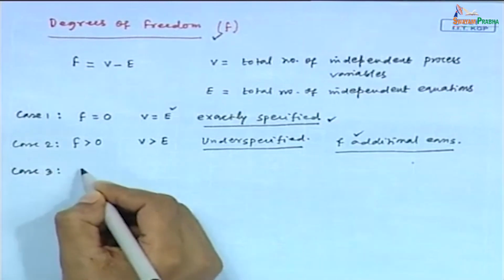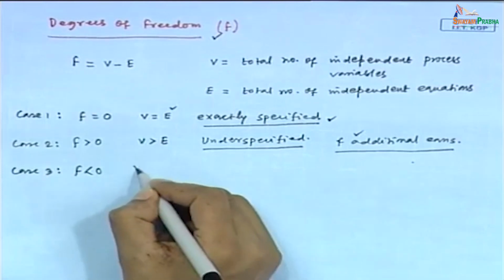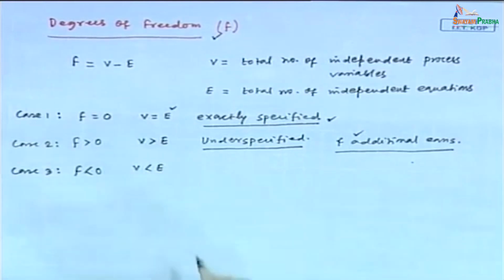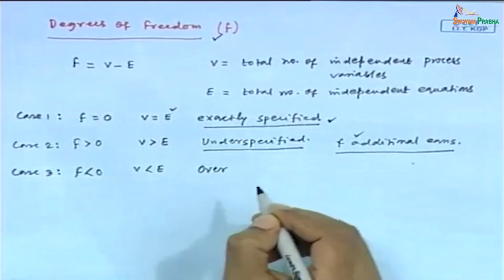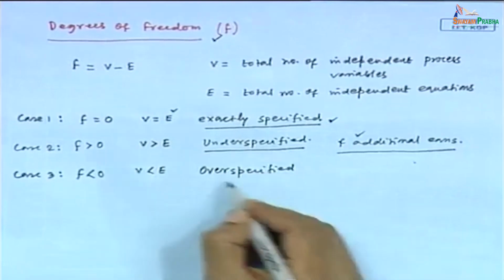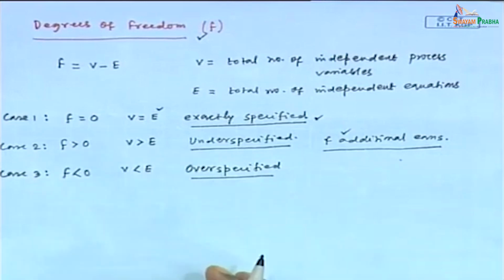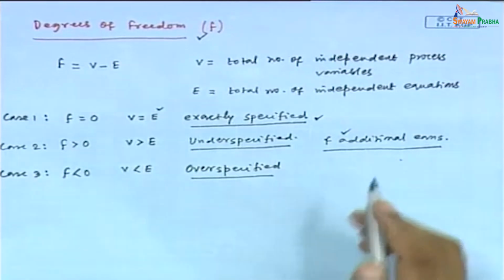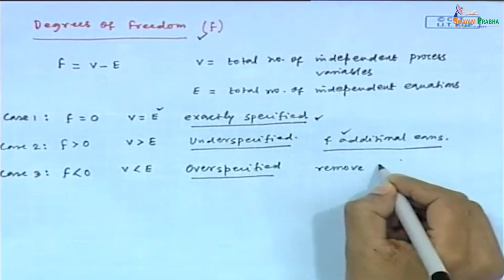The last case is F less than 0. That means the total number of independent process variables is less than the total number of independent equations, and in this case the system is called over specified. Fine.